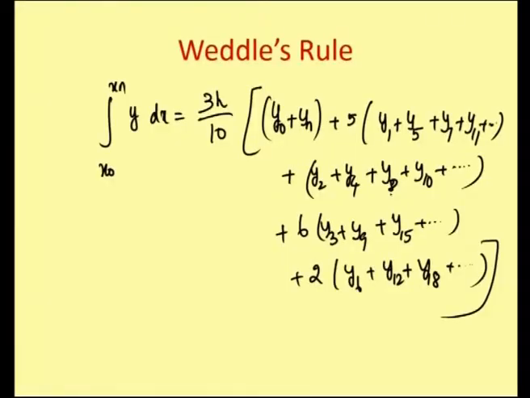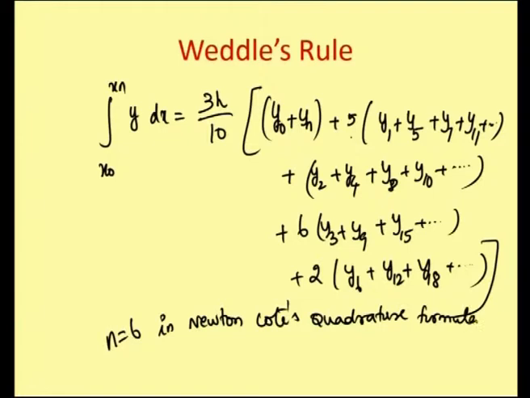Afterwards, taking all the even numbers, except the multiples of 6 since already accounted, plus 5 times the remaining items, gives you Weddle's rule. And relating it with the Newton-Cotes formula, when we substitute n equal to 6 in the Newton-Cotes quadrature formula, we obtain Weddle's rule.